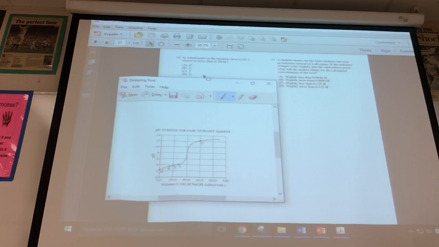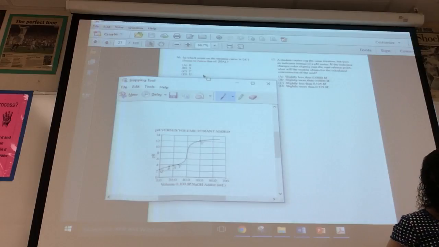At U, would that weak acid be 0? You've neutralized all of it.